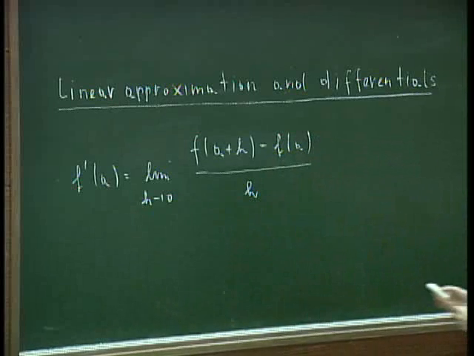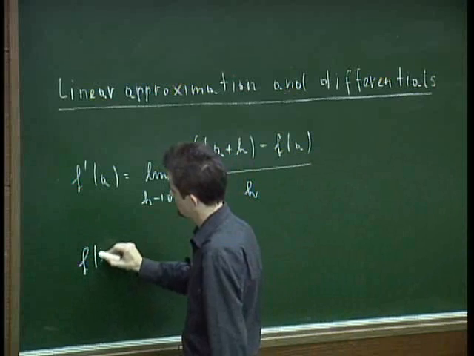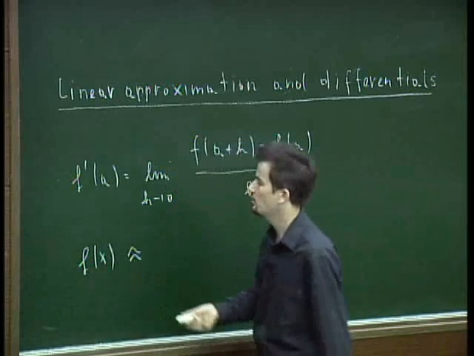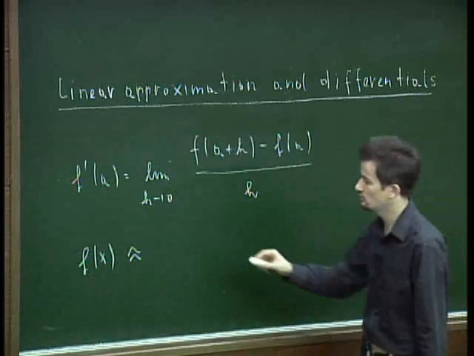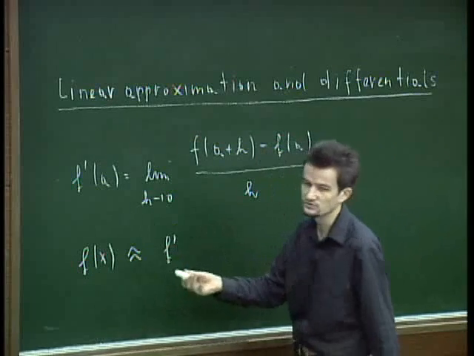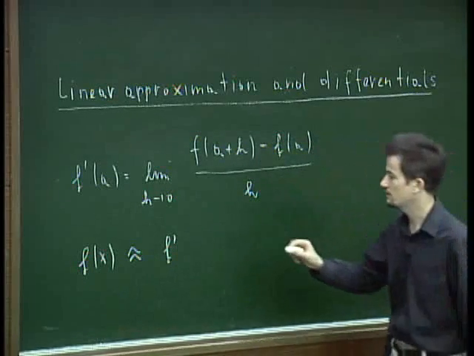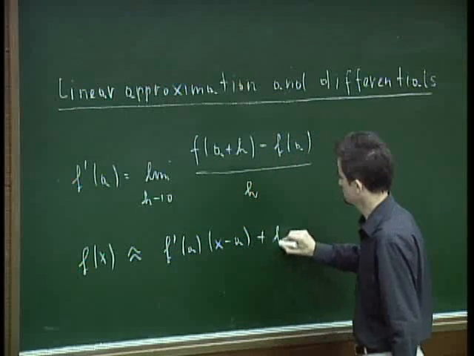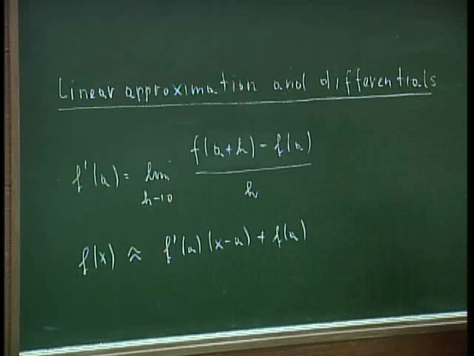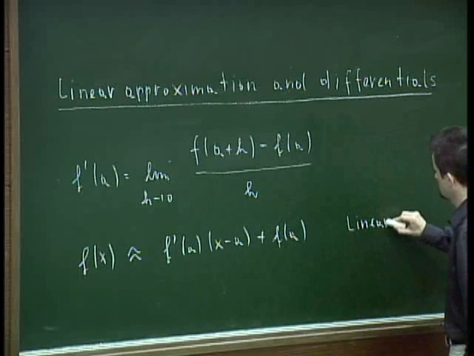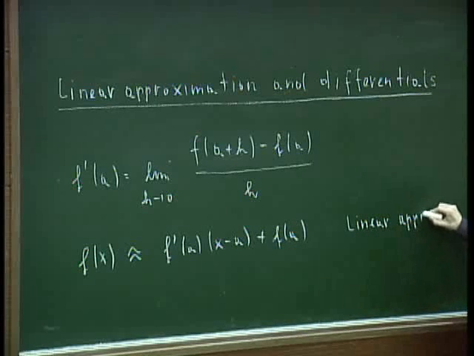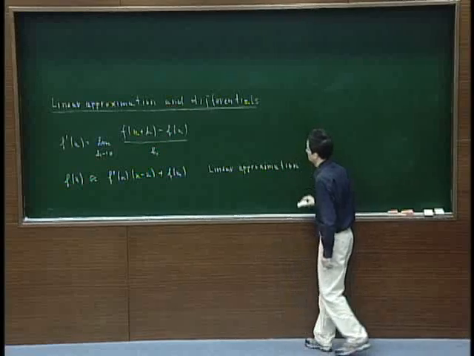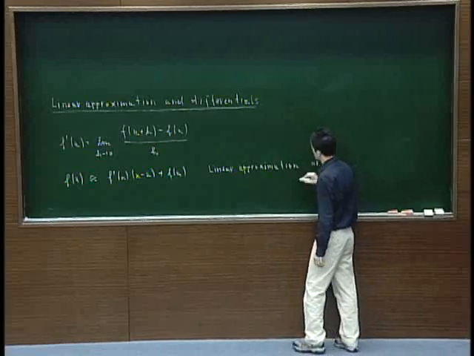Okay, so if we know the function value at some point a and we know the derivative, then we know that we can approximate the function, if x is close to a, by the tangent line. And this is called the linear approximation, or also sometimes called tangent line approximation.